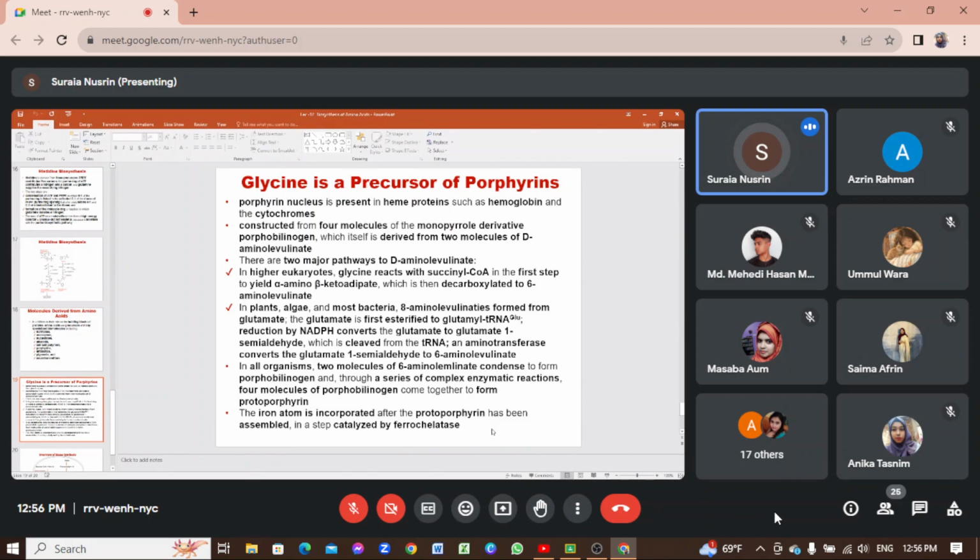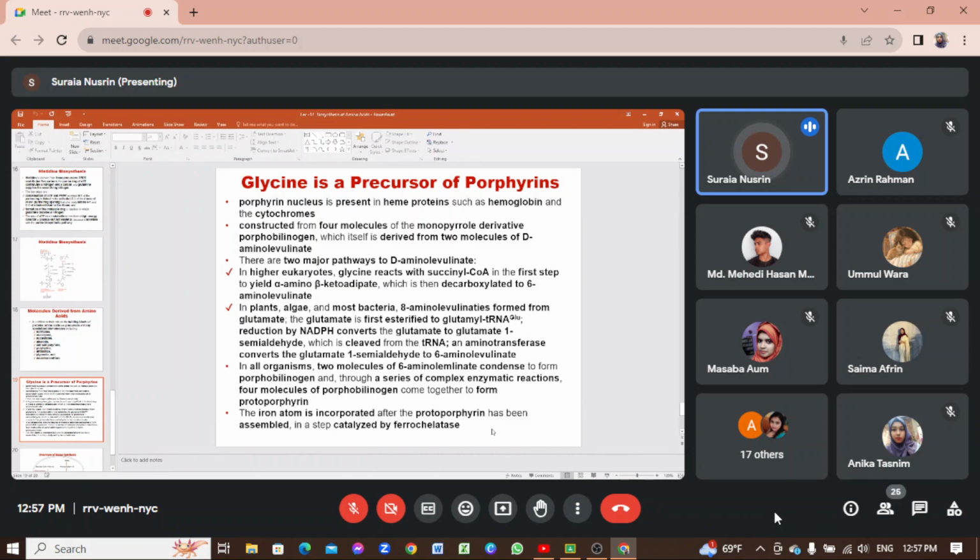This glutamate is first esterified to tRNA, then reduced by NADPH to glutamate 1-semialdehyde, and the tRNA is released.